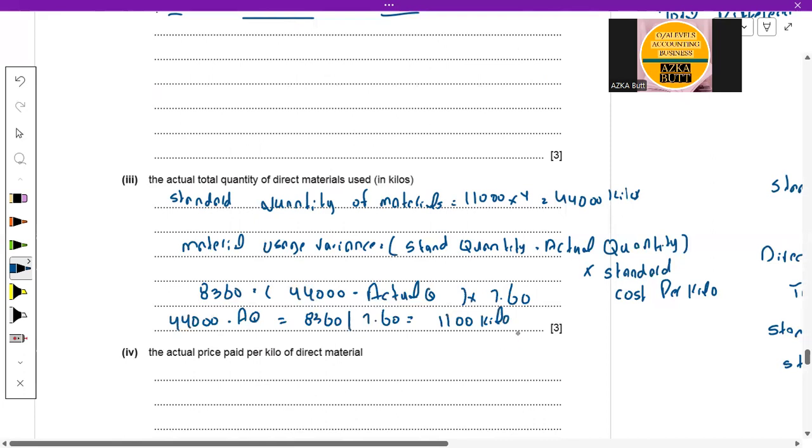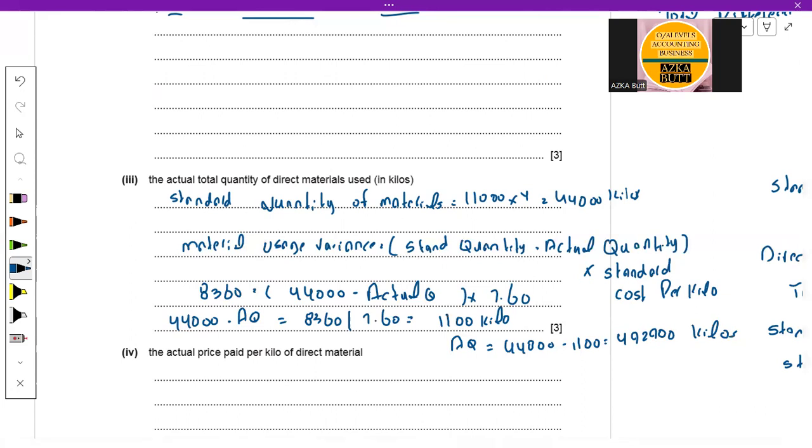And actual quantity is equal to 44,000 minus 11,000, which is equal to 42,900 kilos. So this is our answer. In conclusion, the actual total quantity of direct material used is 42,900 kilos.